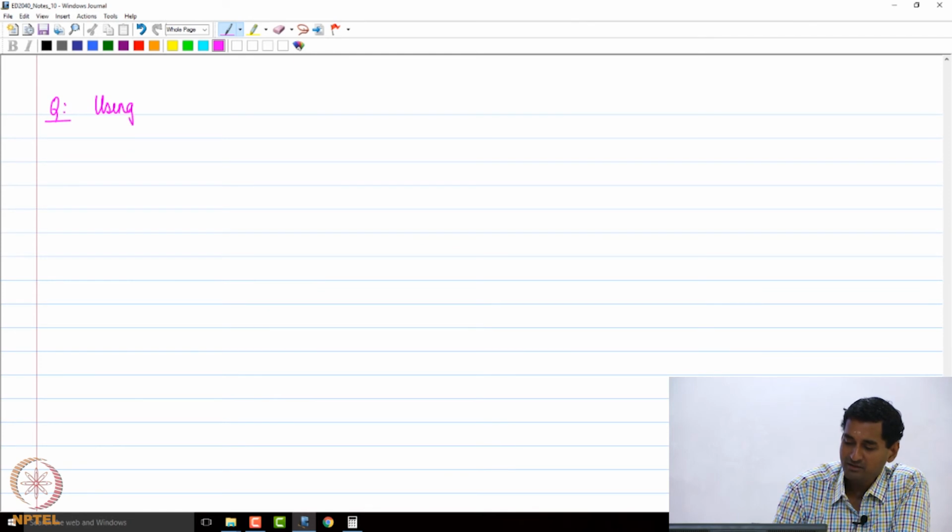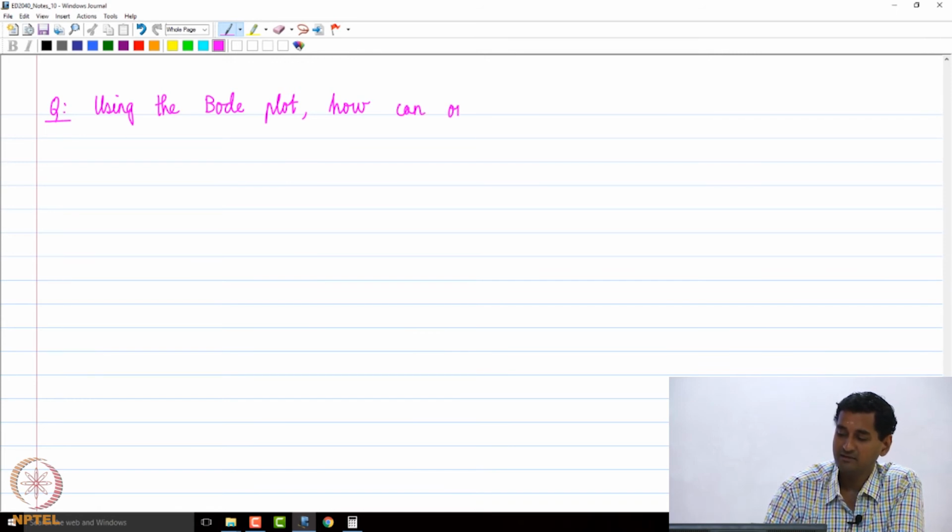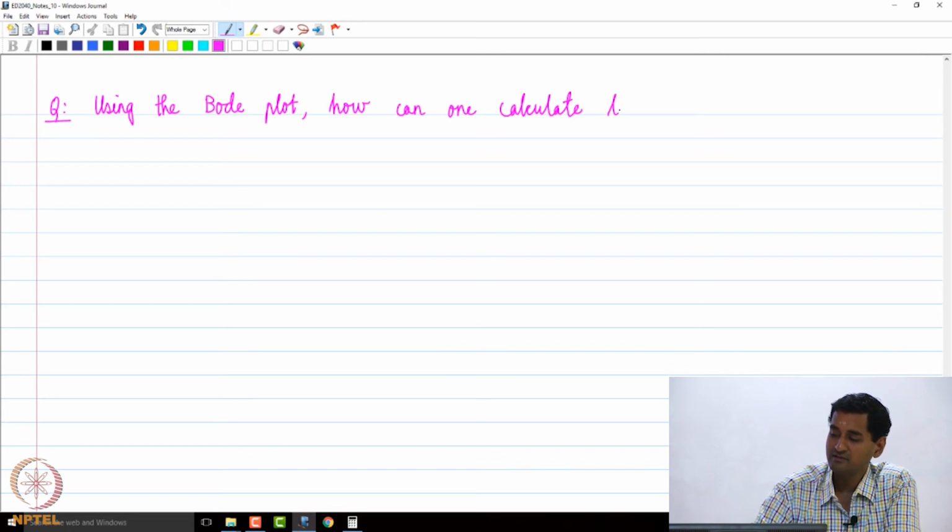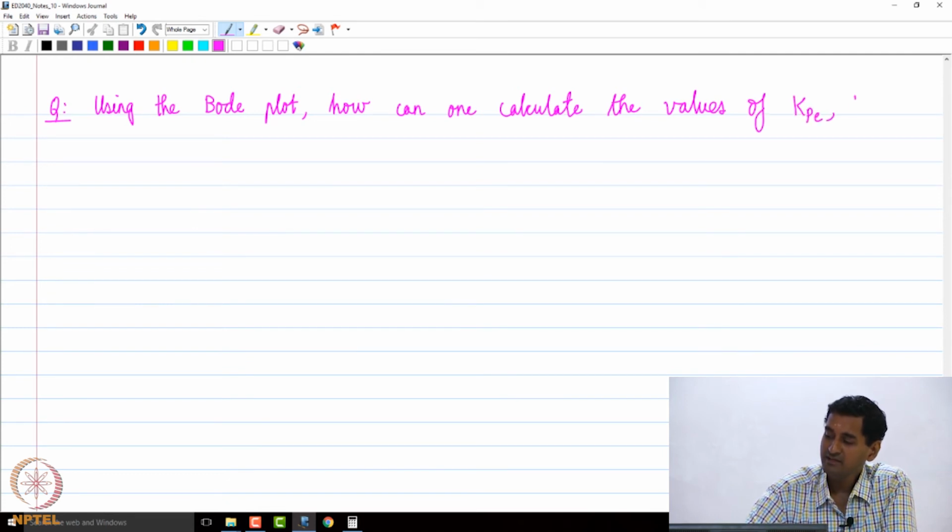Using the Bode plot, how can one calculate the values of KPE, KVE and KAE?